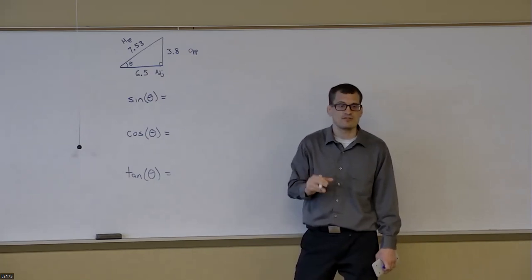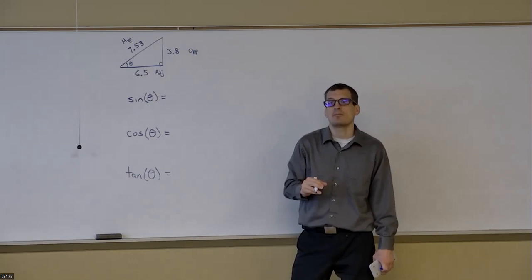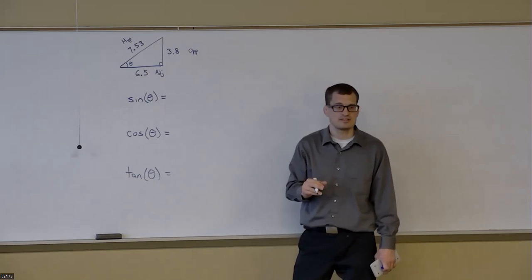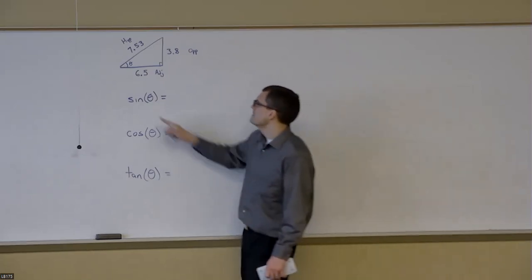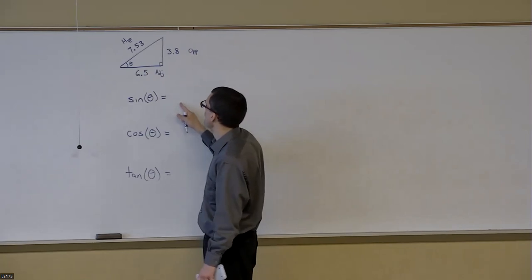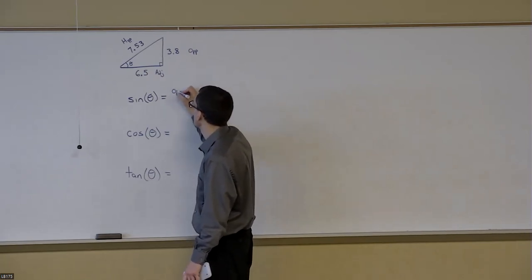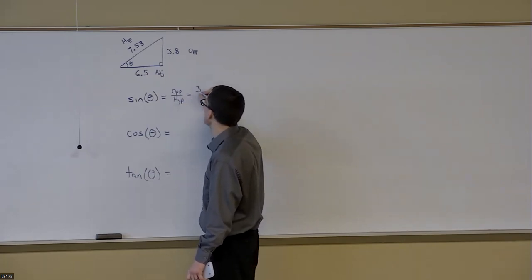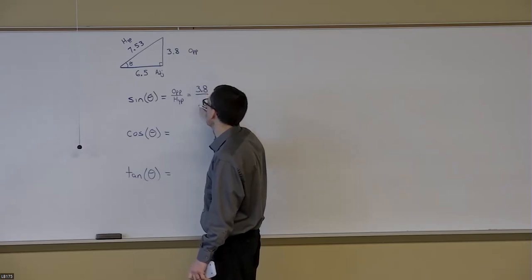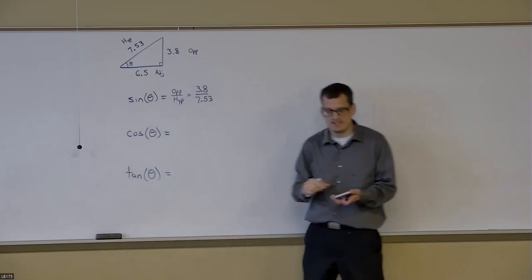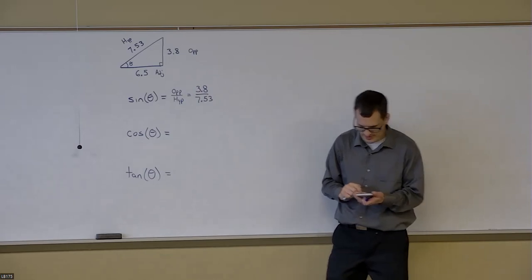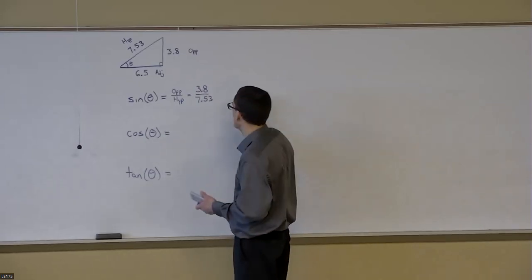So in this triangle for theta, the opposite is the 3.8 side, the adjacent is the 6.5 side. So sine, when it says opposite over hypotenuse, that's the 3.8 divided by 7.53. Whatever that comes out to be is the sine. I got about 0.50.